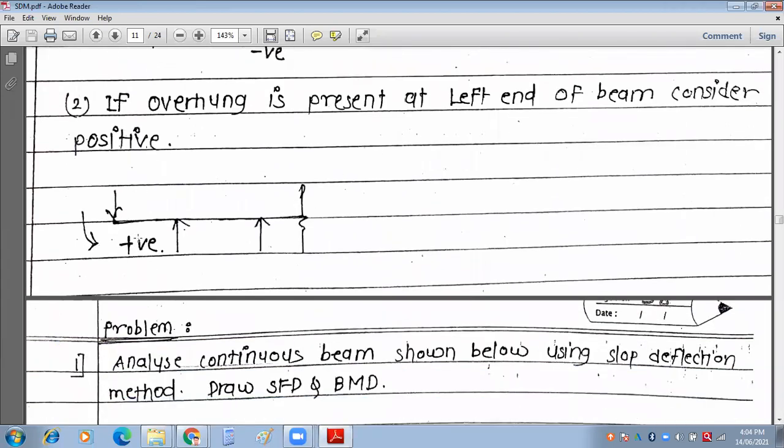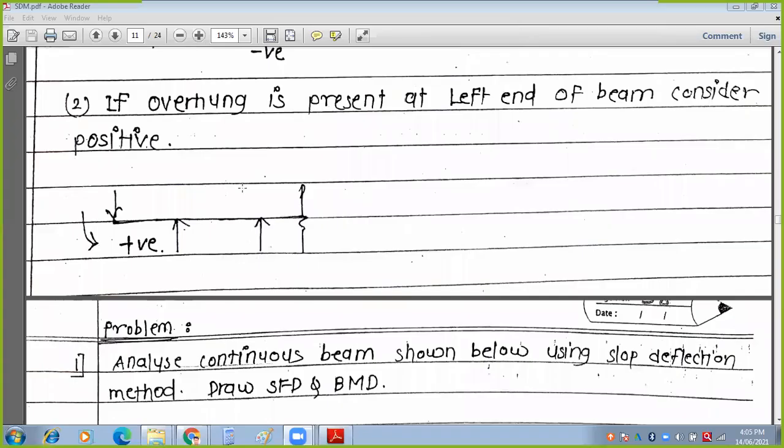If the condition is like this one, an anti-clockwise moment, in this situation what do we have to consider? Now, if the overhang is present at the left end, we have to consider this positive.